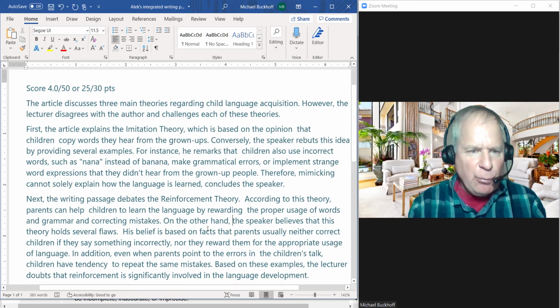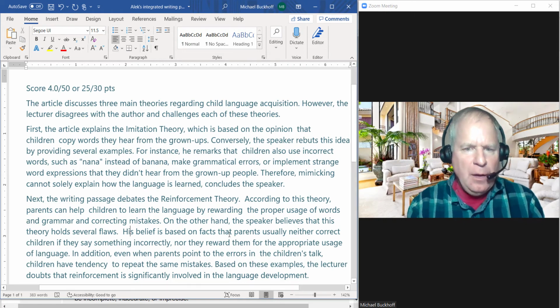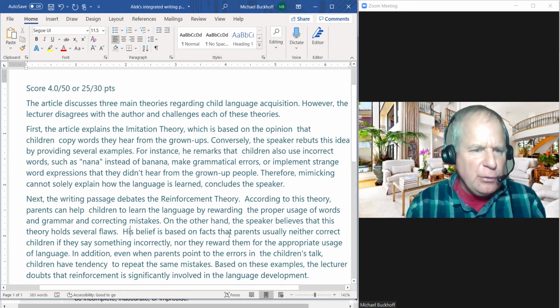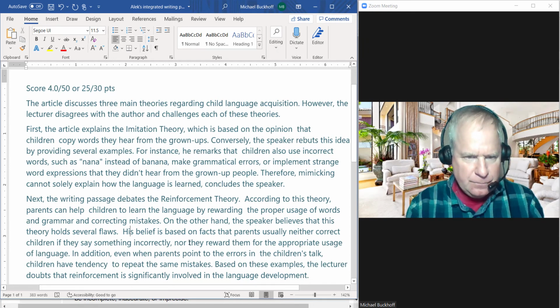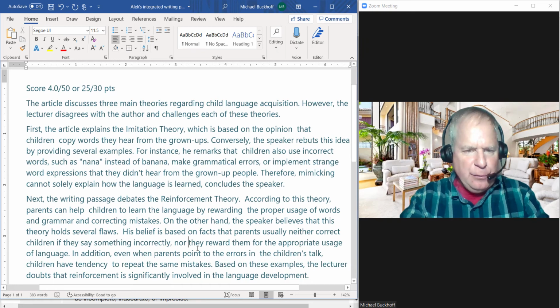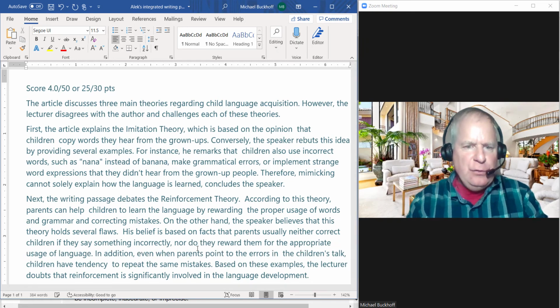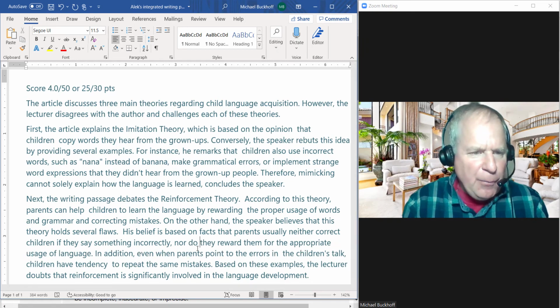I like this. It kind of leads into his belief is based on the fact that parents usually neither correct children if they say something incorrectly, nor, non-native speaker error right here, nor do they reward them for the appropriate use of language.